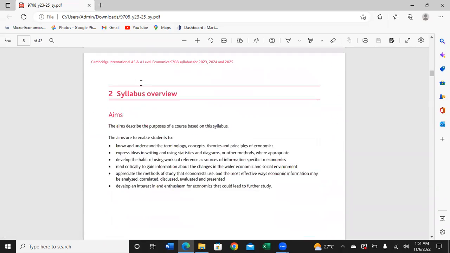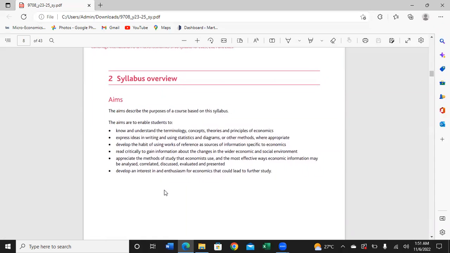So now come towards the syllabus aims, syllabus overview. The aims describe the purpose of a course based on this syllabus.